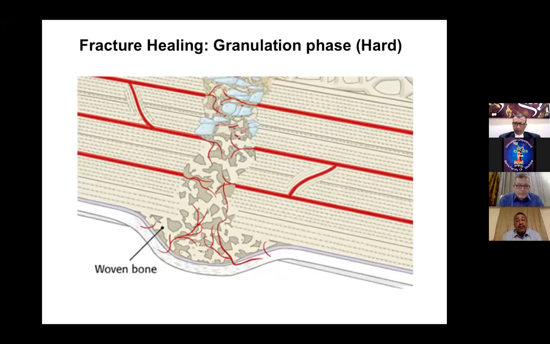And if the atmosphere is still stable around the fracture zone, woven bone will form. And now the fracture is united. This is the union that we see in the X-ray, and the patient feels when he gets his broken bone stable again.